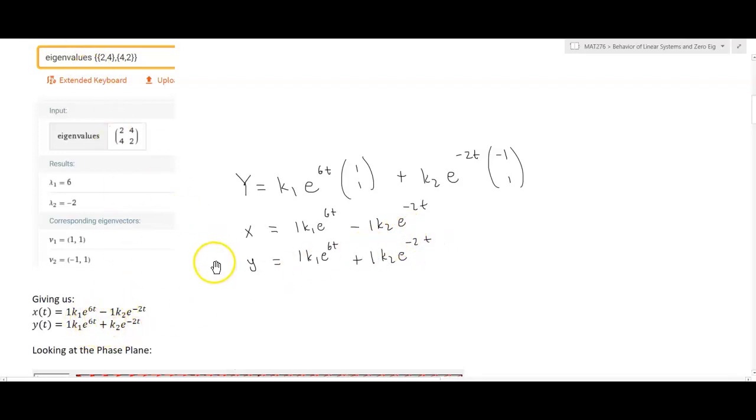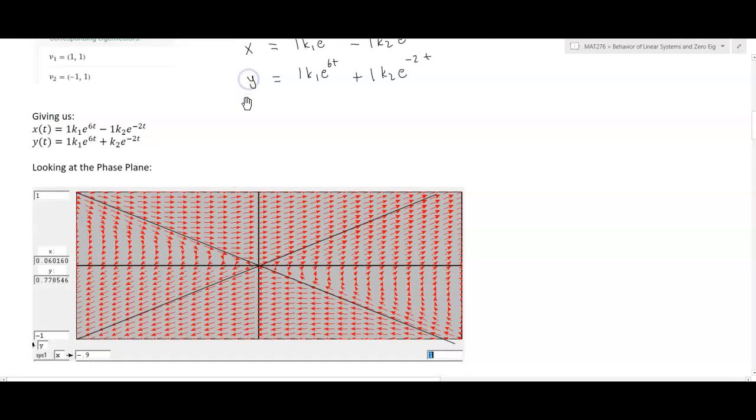Now, when we take a look at the phase plane, here's what we'd observe. One of the interesting things is we're going to make this statement without total proof here, but if you look at v1 equals 1, 1, and you think about the origin as where that vector starts, 1, 1 is in the direction of this straight line here.